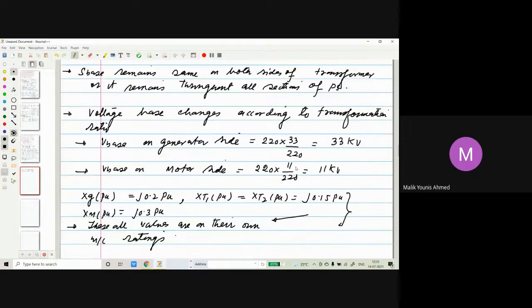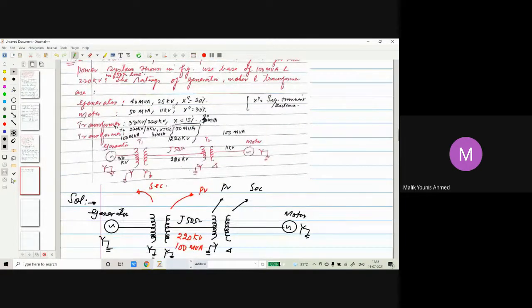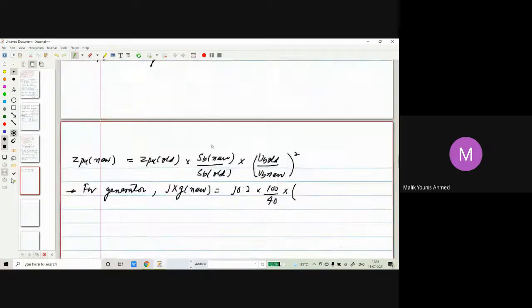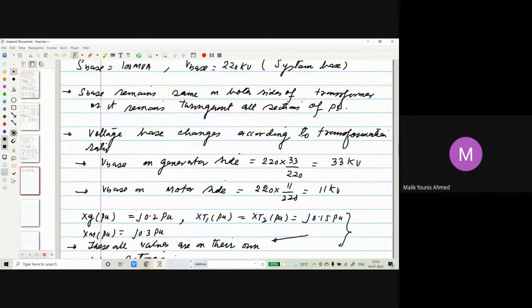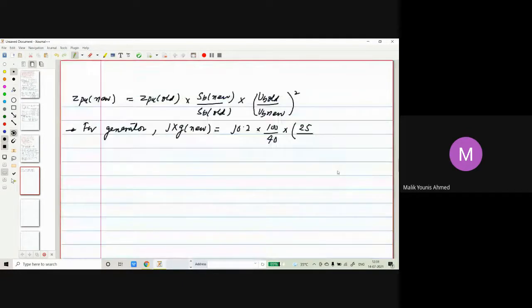V base old in the generator is 25, and the base value on the generator side, which we have already cleared, is 33 kV. So we are writing 33 kV here, whole square. If you calculate this, the value will come out to be j0.287 per unit. It's very simple, not a difficult thing.